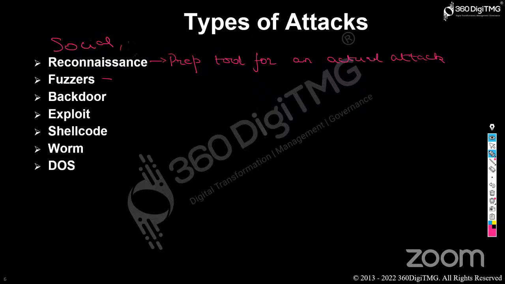Then there is something called public reconnaissance. In this type of attack, the hacker collects the information about the target from public domains. Before, he was collecting from social media, the information shared by the user.